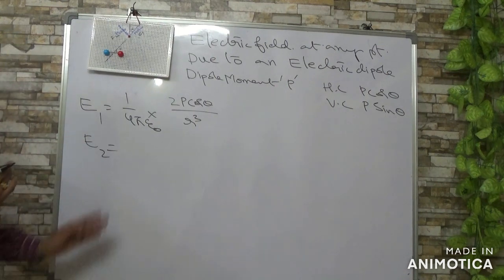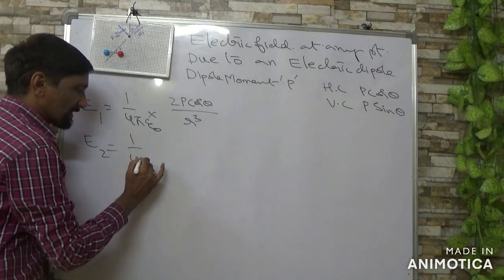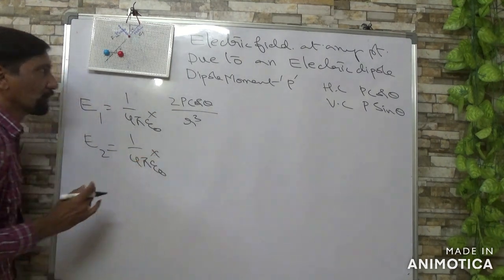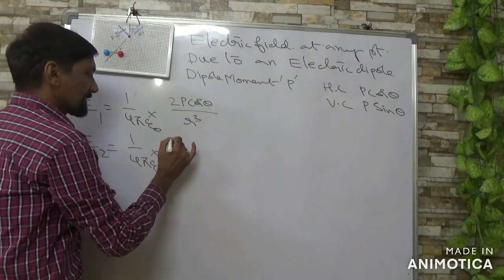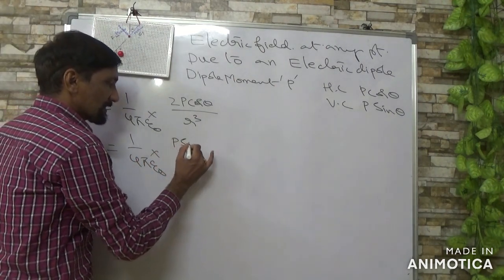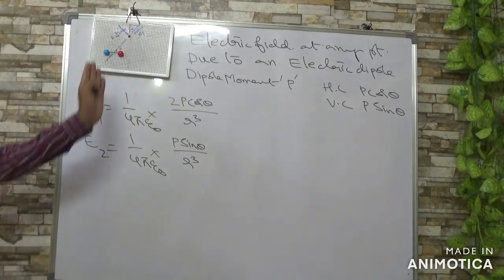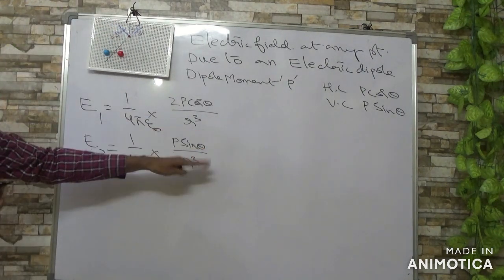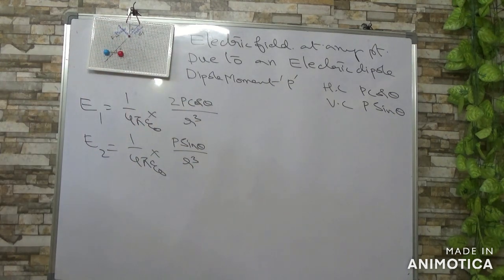Now E2, along this direction, is similar to the electric field on the equatorial line, so that is why it is p sin theta by r cube. So this is p sin theta by r cube, and this one is 2p cos theta by r cube.